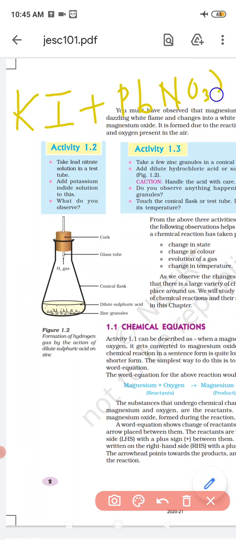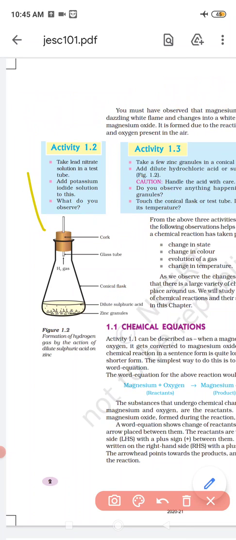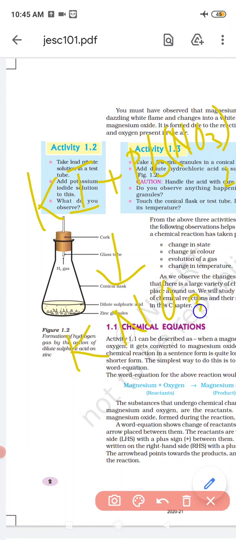When you mix them with each other, then potassium iodide plus lead nitrate gives potassium nitrate, KNO3, plus lead iodide, PbI2.